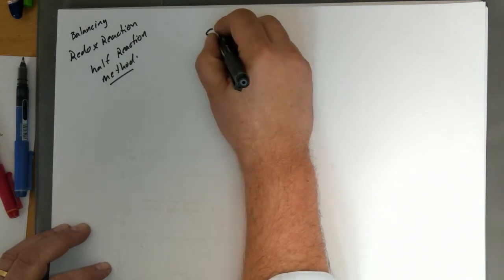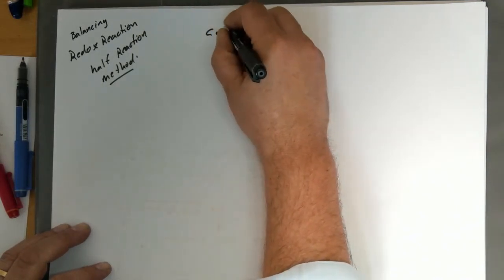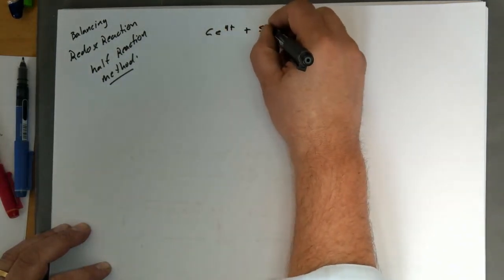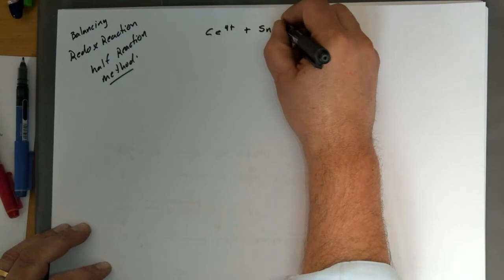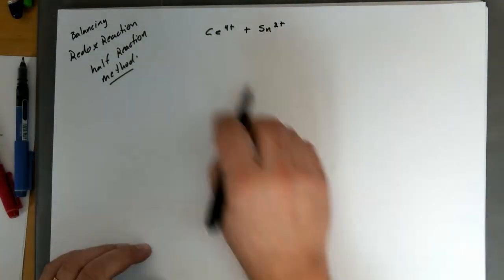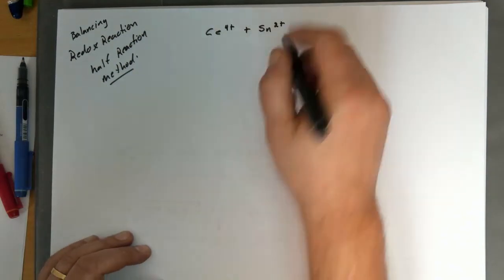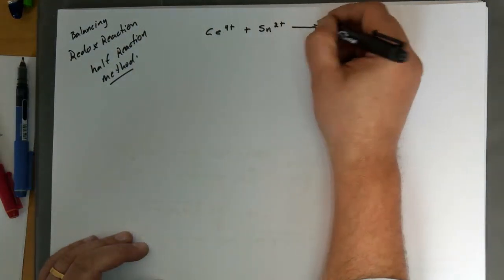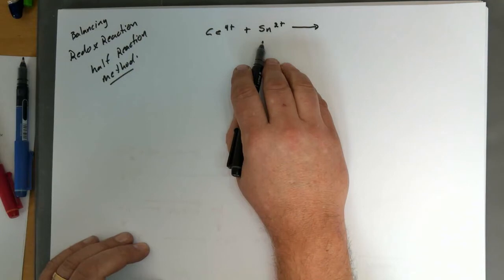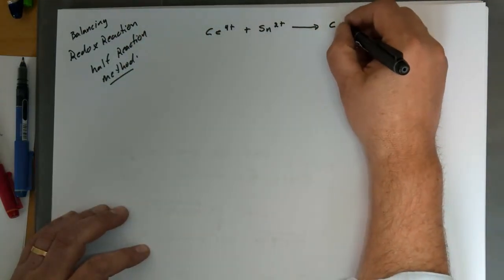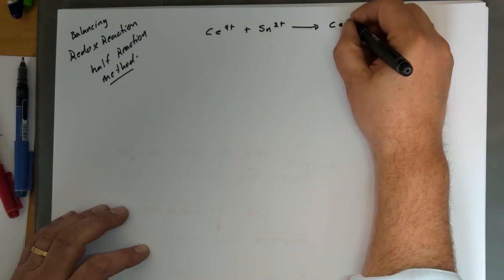Here we have cerium and tin. So here we have cerium 4 plus and tin 2 plus. The symbol Sn comes from stannum, just so you know, which is an old Latin word for tin.